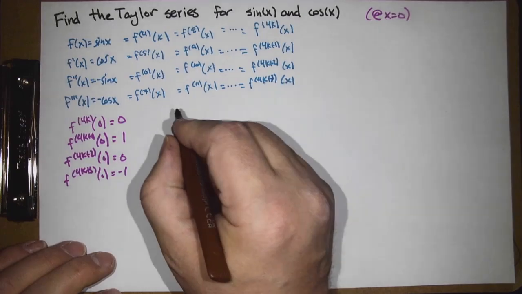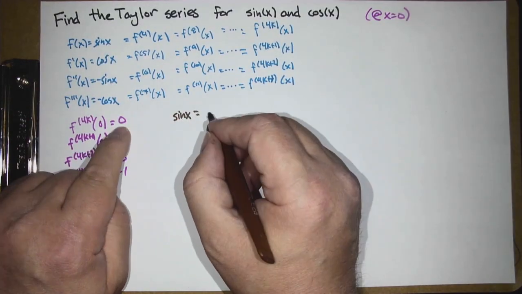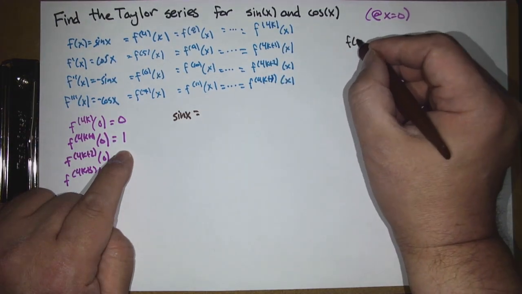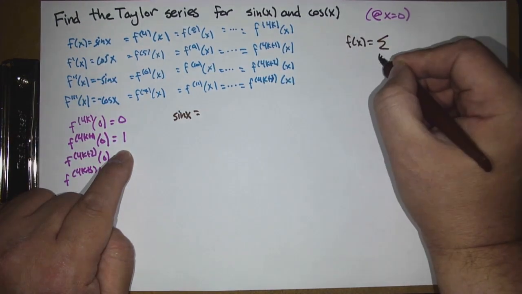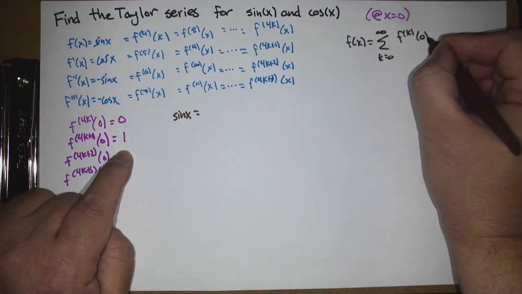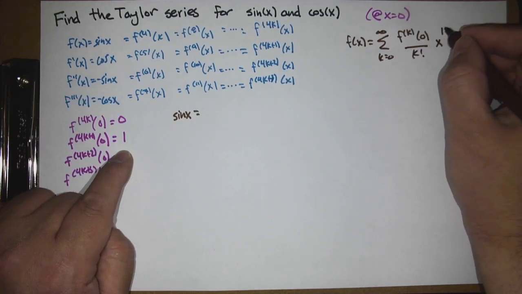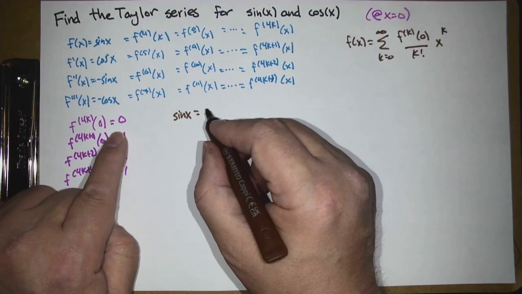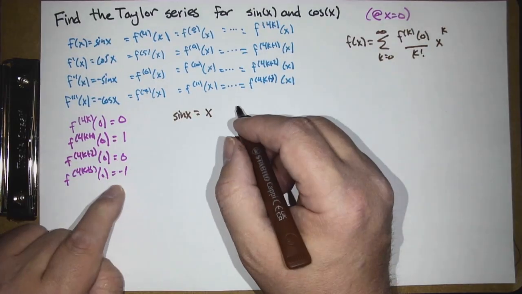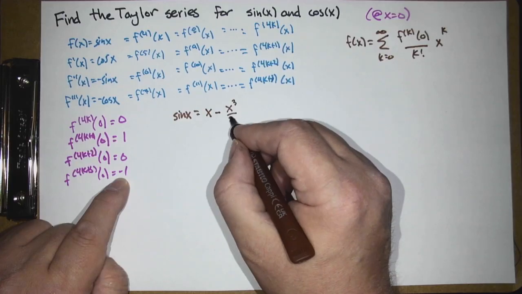So let's start writing this down. Sine of x is going to be 0 plus... let's remind ourselves, f of x is the summation, k equals 0 to infinity, assuming we're at 0, of the kth derivative at 0 over k factorial, x to the k. So it's 0. Then the next term will be x, 0 for the x squared. Then we'll have a minus x cubed over 3 factorial.